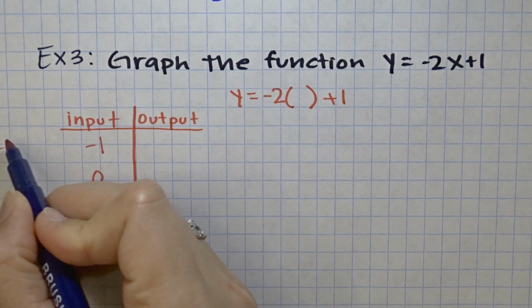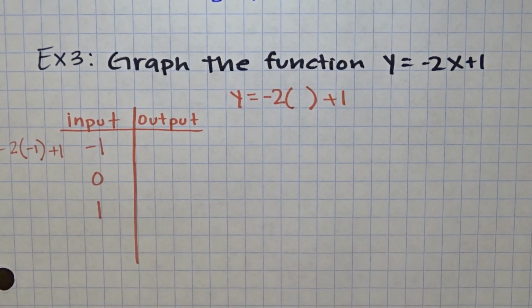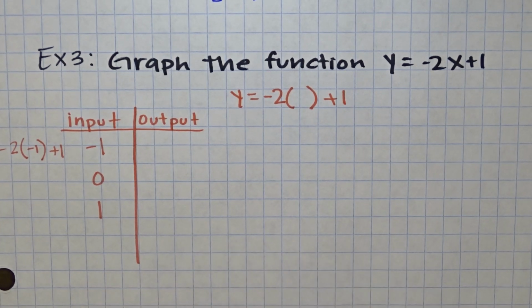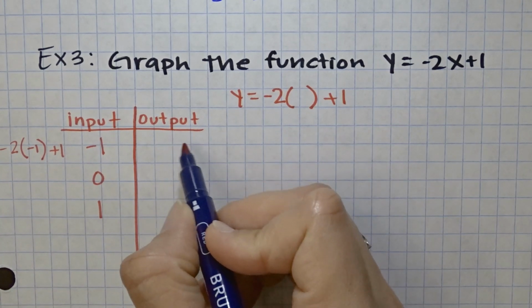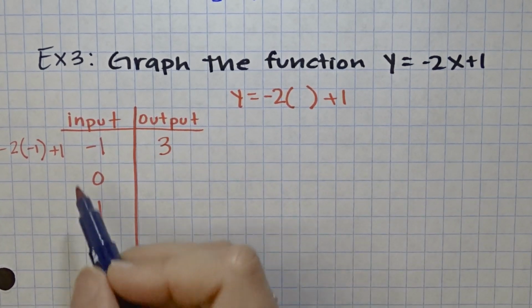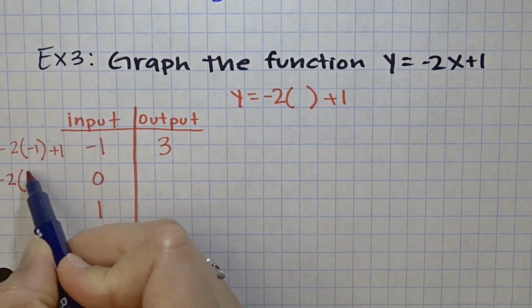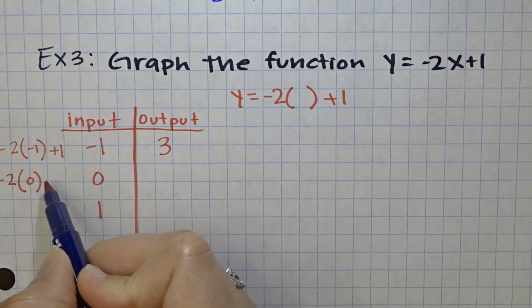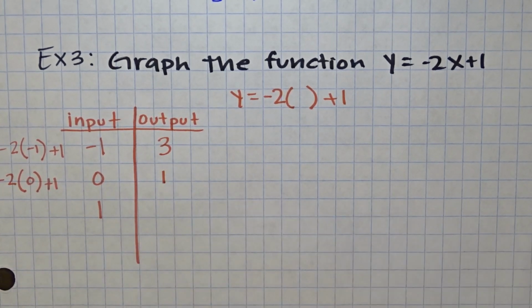So we have negative 2 times negative 1 plus 1. And that equals 2 plus 1 is 3. And then for our next one, negative 2 times 0 plus 1. That's 0 plus 1, 1.